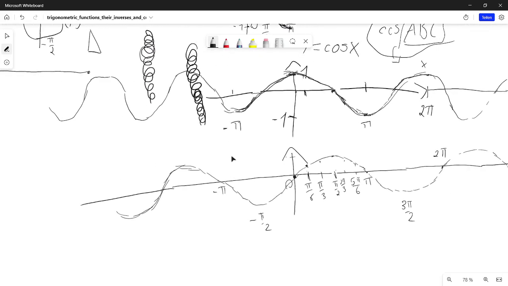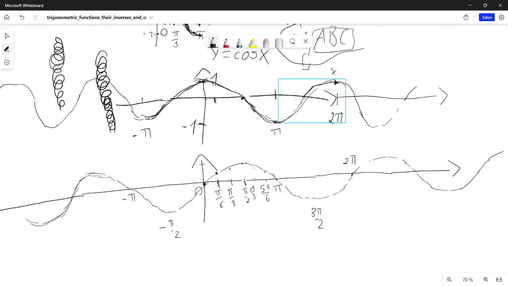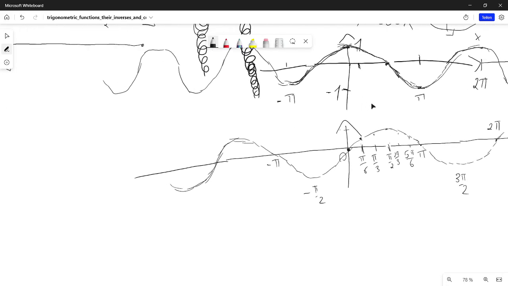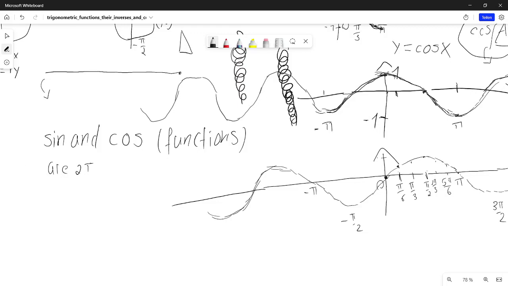But what does that mean, 2 pi periodic? Well, we see it very nicely here. That repeats, that repeats, that repeats every 2 pi. But how do you write it mathematically? Well, sinus and cosinus functions are 2 pi periodic.